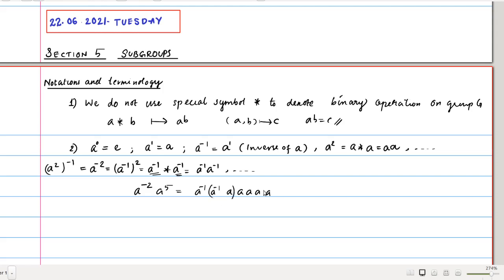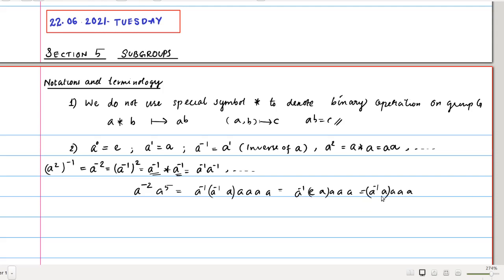First you associate two things and get a inverse a, which is the identity element, because a inverse a, when you operate, gives the identity element. Then we have four elements remaining, and you can associate any two of these. Then you get e star a, that is a itself. So that will give a inverse, a four times.